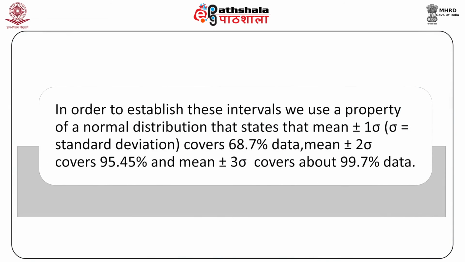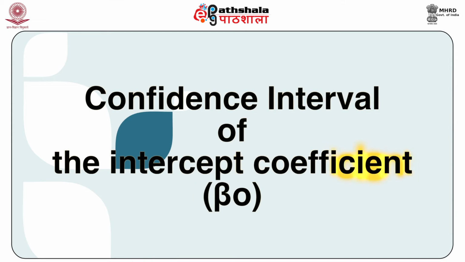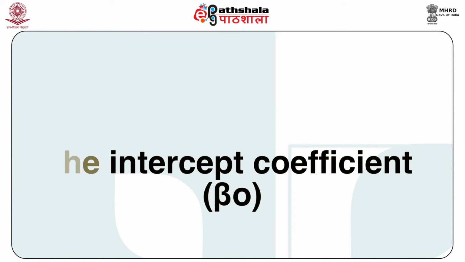In order to establish these intervals, we use a property of normal distribution that states that mean plus minus 1 sigma, where sigma is the standard deviation, covers 68.7% data, mean plus minus 2 sigma covers 95.45%, and mean plus minus 3 sigma covers about 99.7% data.